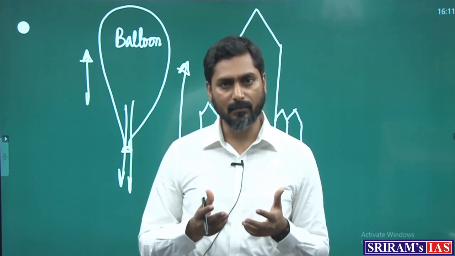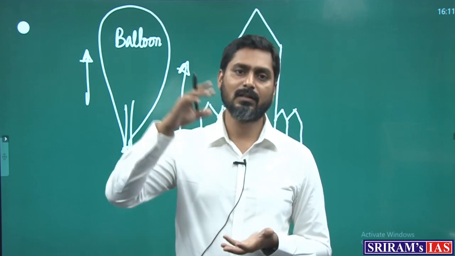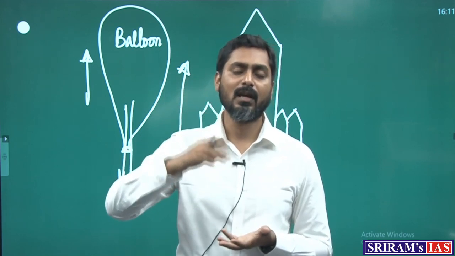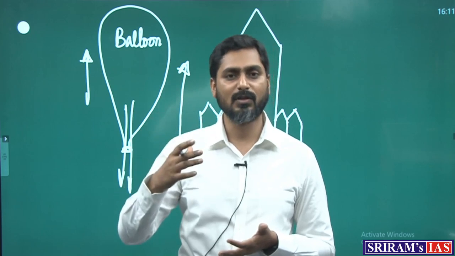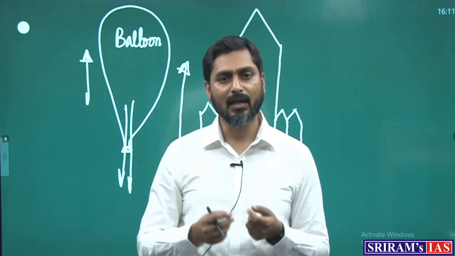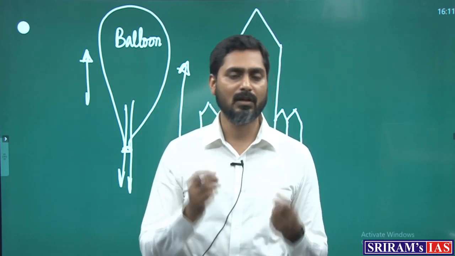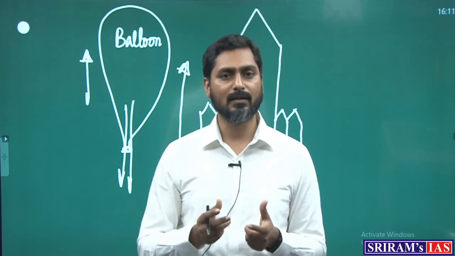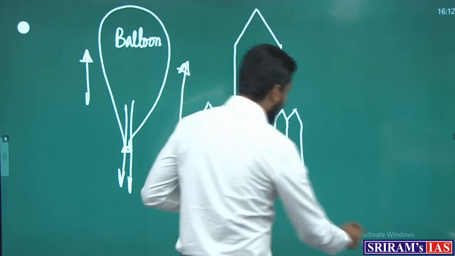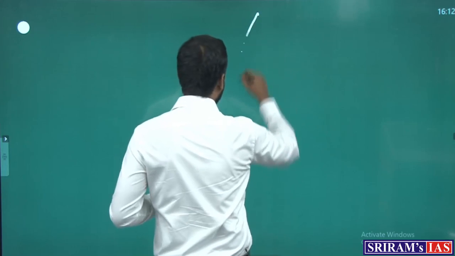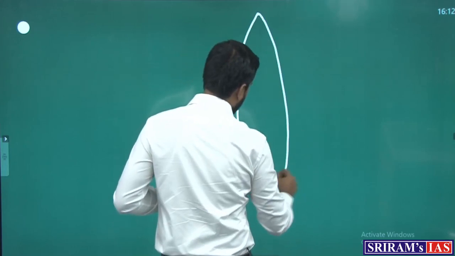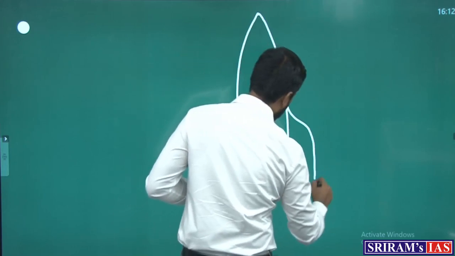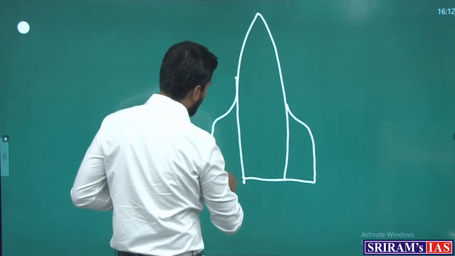Any rocket will leave the Earth's atmosphere. After 100 kilometers, it will not get a supply of oxygen. So the rocket has to carry a fuel and something to burn that fuel, that is the oxidizer. So the general design is that it has chambers for fuel and the oxidizer.